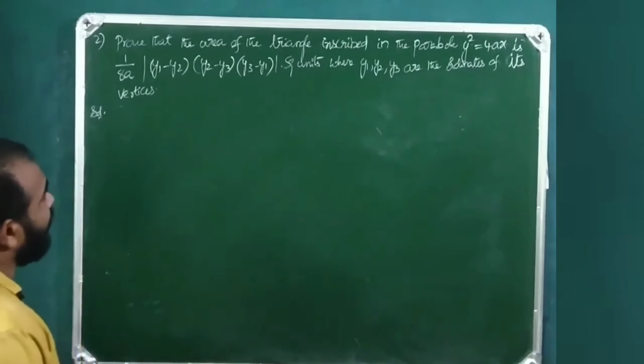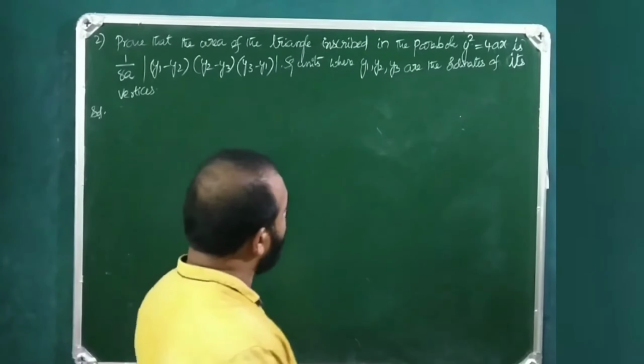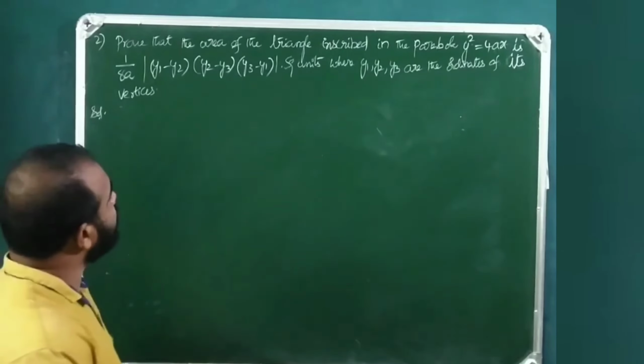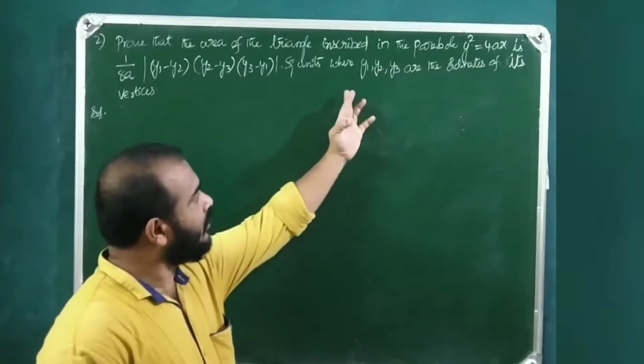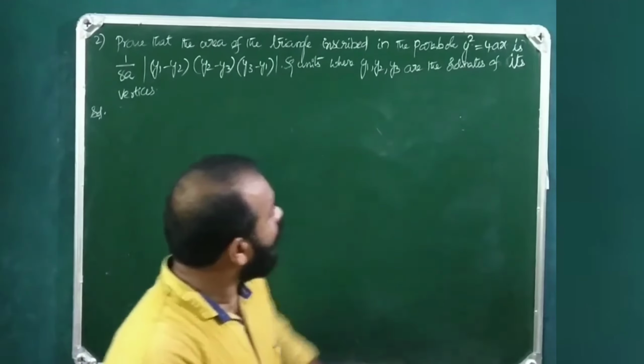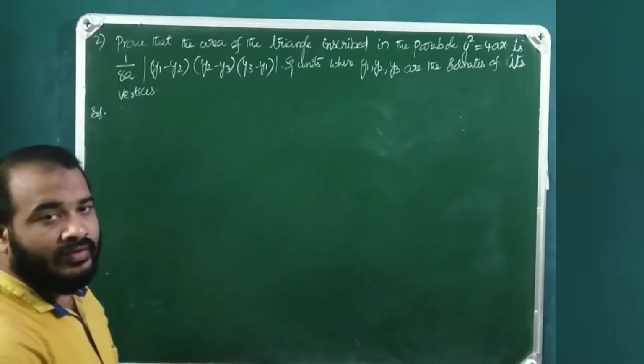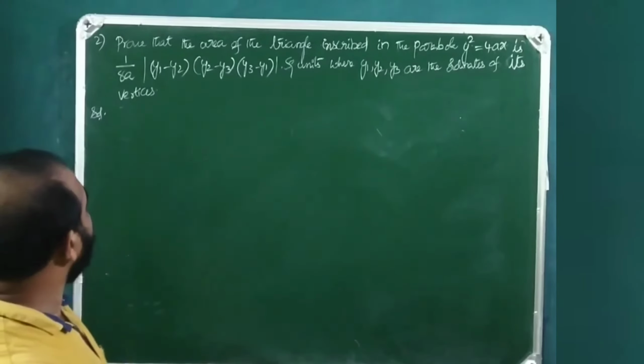Prove that the area of the triangle inscribed in the parabola y square equals 4ax is as given, where y1, y2, y3 are the ordinates, that means the y coordinates of its vertices.